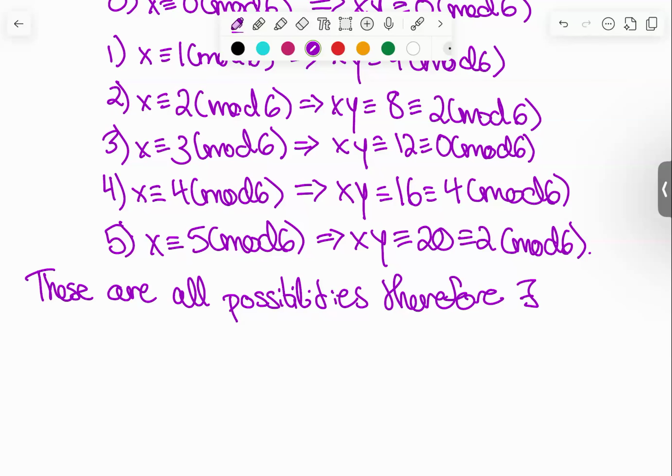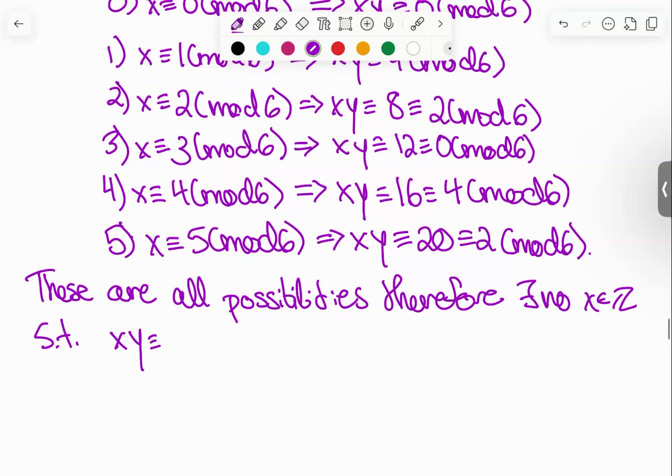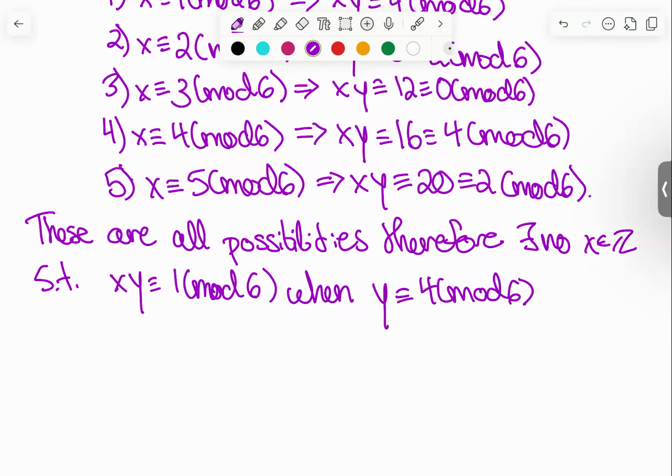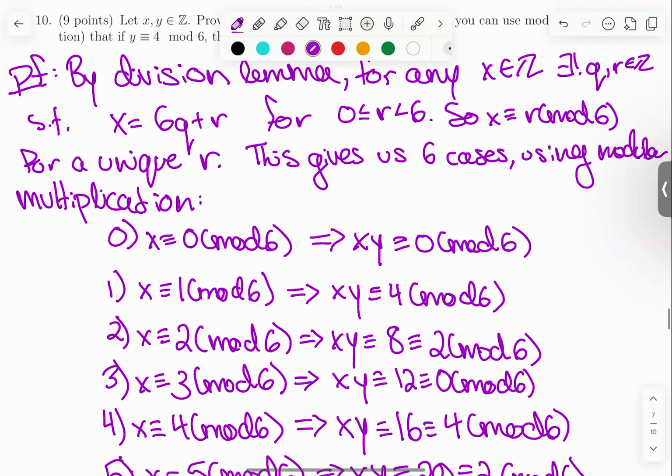Therefore, there exists no x in the integers such that x times y is equivalent to 1 mod 6 when y is equivalent to 4 mod 6. And I'm just realizing now I should have said that at the beginning.